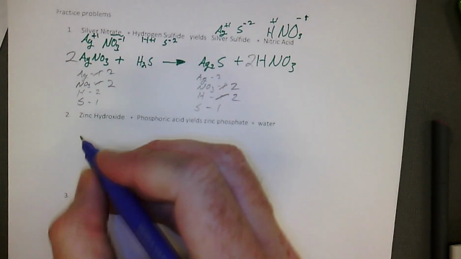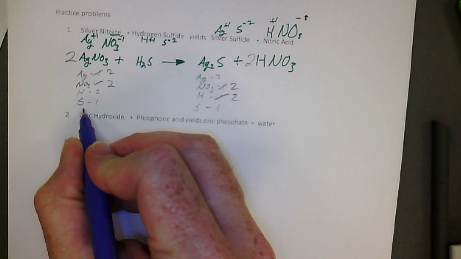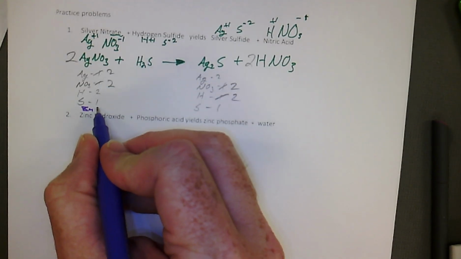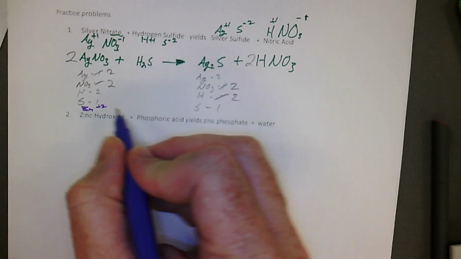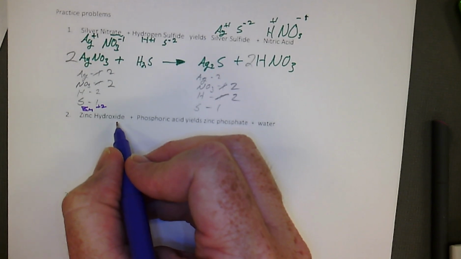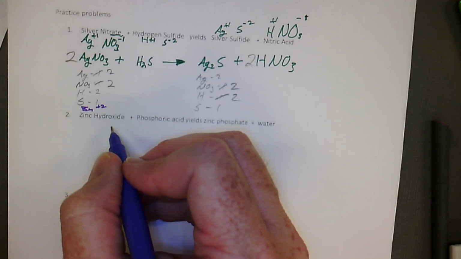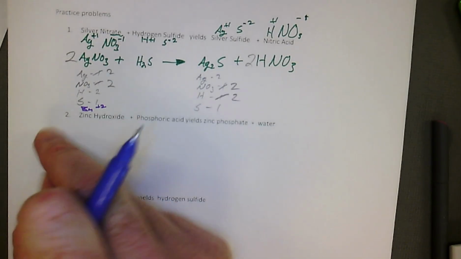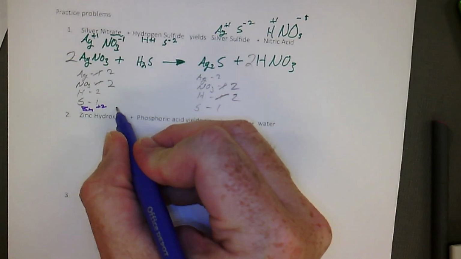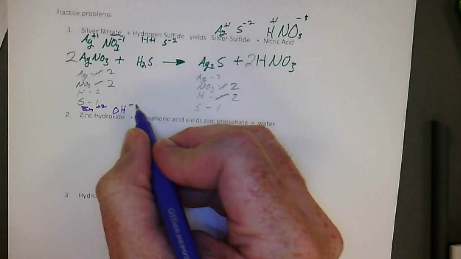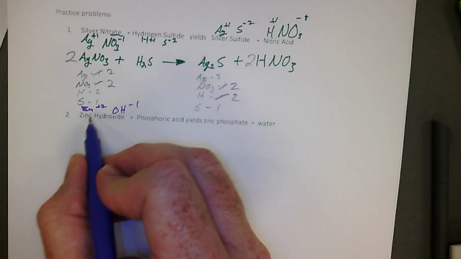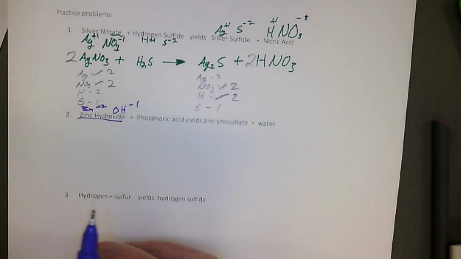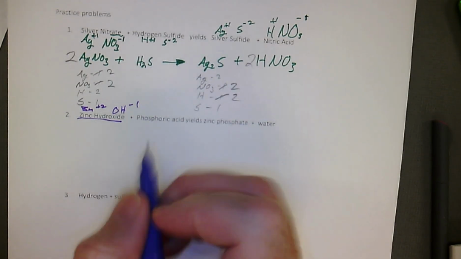All right, zinc. What's zinc? Zn, and what's its charge? +2. Hydroxide. Do you remember what that is? What's that? Zinc is Zn with +2. Yeah, hydroxide's OH with a -1. Right here. We're on the next one. Sorry, I just wrote it above so we'd have room down here.